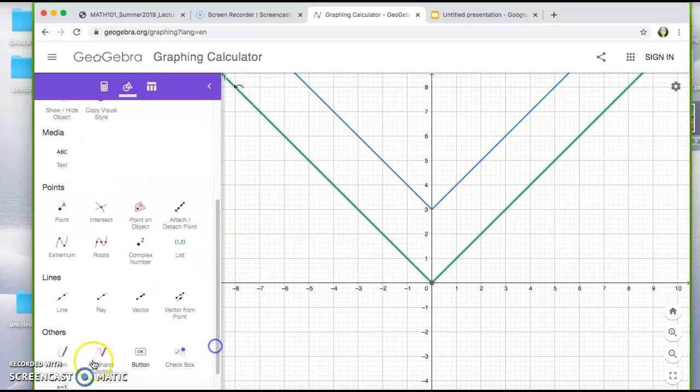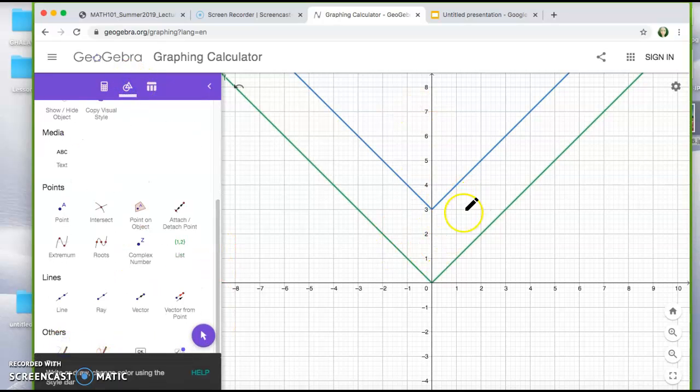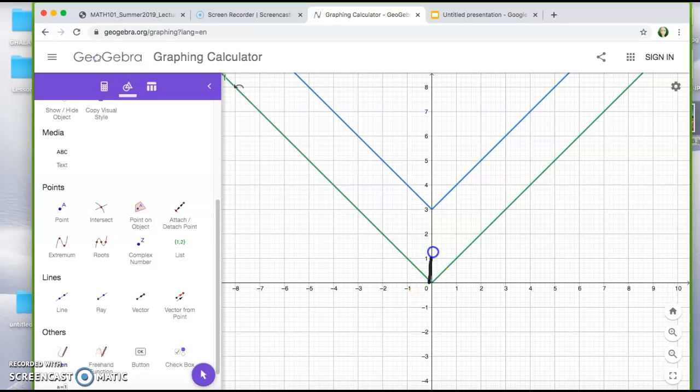So here we move up 3 units, right? Then let's take another point. This point over here moved up 3 units, right? 1, 2, 3. Then let's take another point. This point moved up 3 units, right? 1, 2, 3.